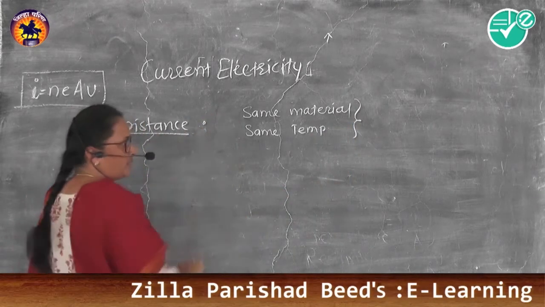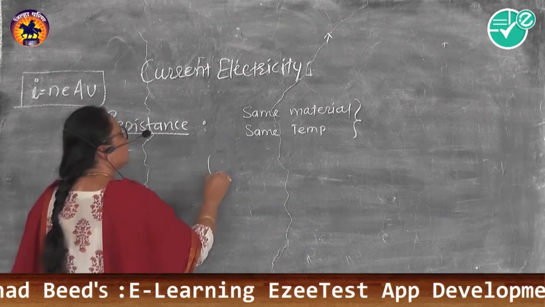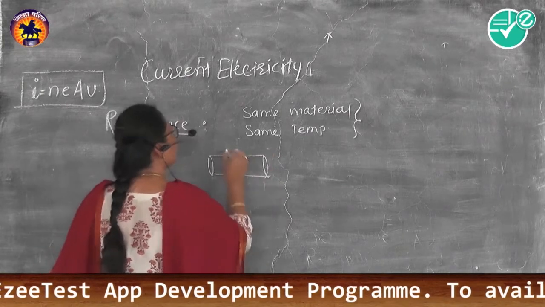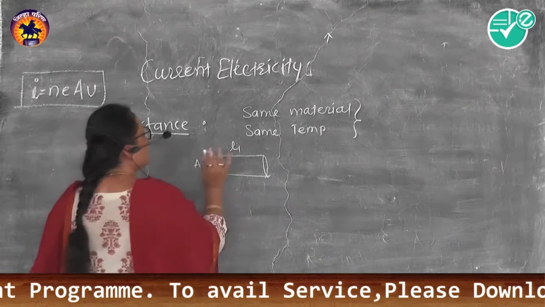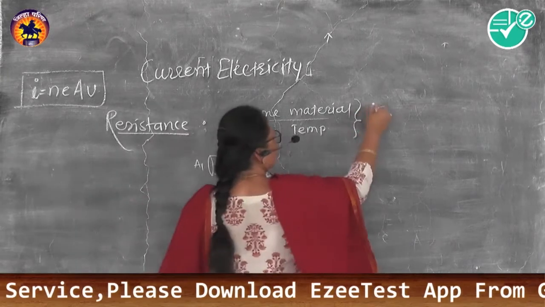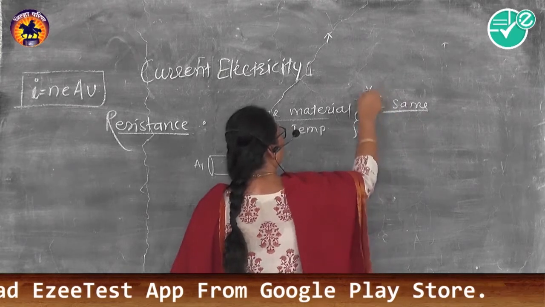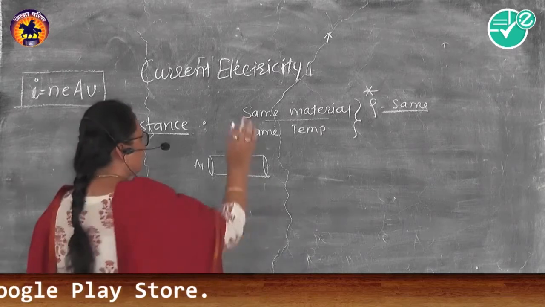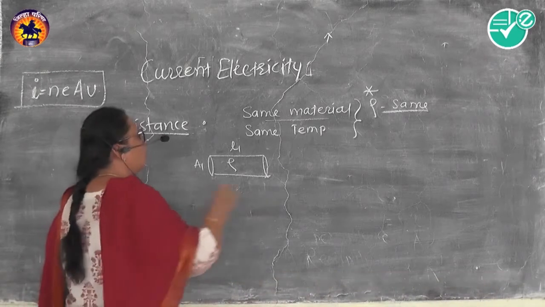If we keep the same material and same temperature, and if we use a conductor with a certain length, initially let that length be L1, having area of cross section A1, and as we are not changing the material, that means rho remains the same. Here we have to remember this important thing, that specific resistance is constant for that material. So here specific resistance is rho.